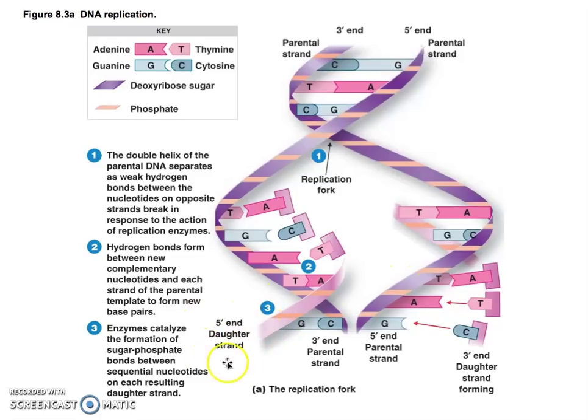So this is the 5' daughter end. This is the 5' parental end. So what that means is you have replication occurring here from 5 to 3. We're going to talk about how that occurs in just a minute.